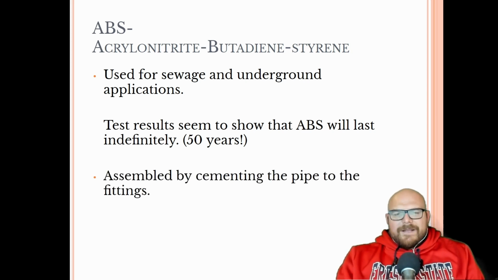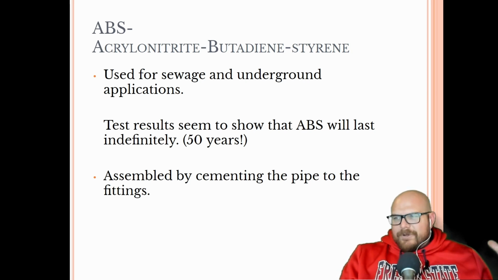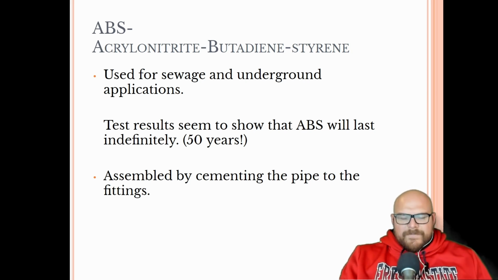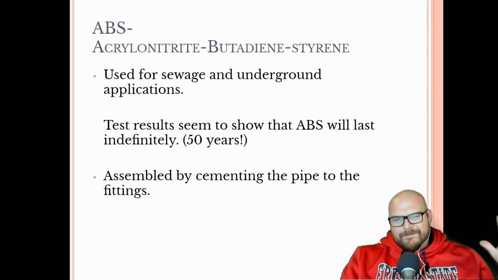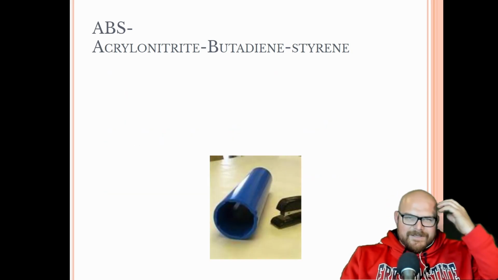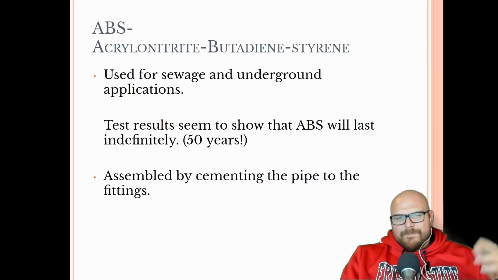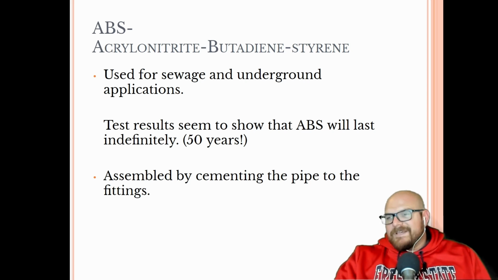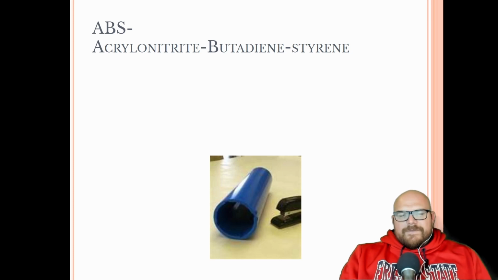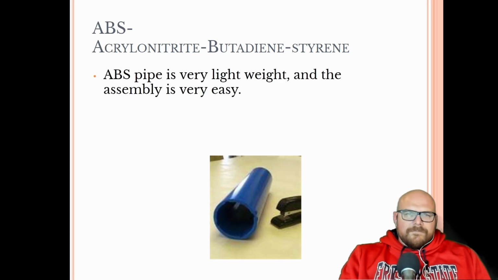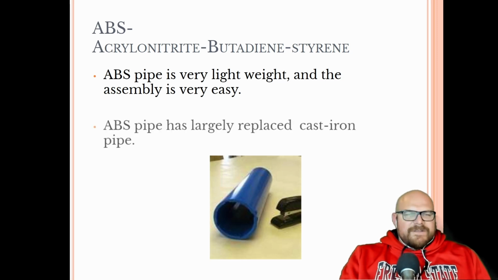Typically it's going to be a black color, and that's going to be all for your drain waste system. We apply it the same way no matter what we're doing, whether it's PVC or ABS. You apply them in the same way using PVC cement. Again, in the video, we're going to show you how we actually glue that stuff together. ABS is nice. It's very lightweight, very easy to assemble, very easy to put together.